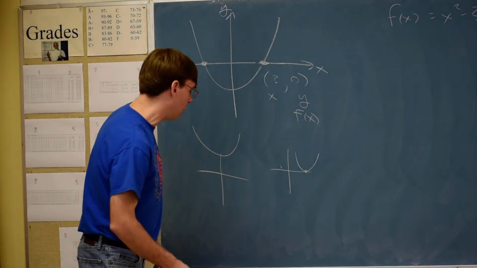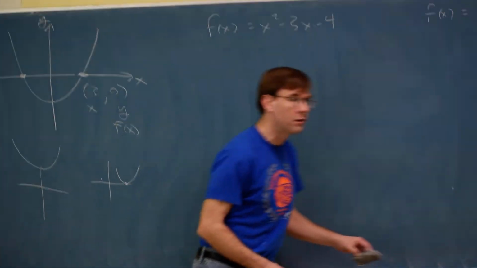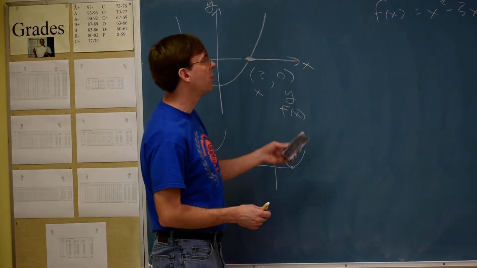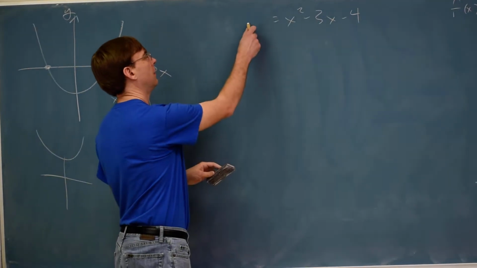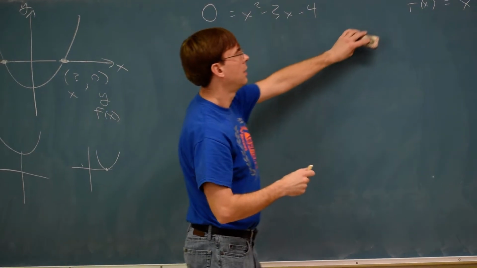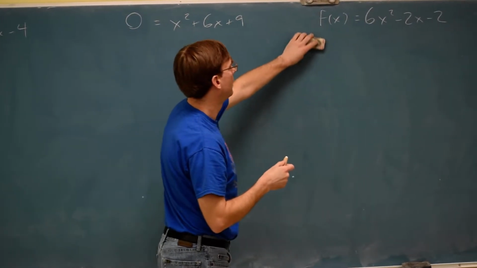So what we'll need to do on all the homework problems is grab either an eraser for my board or a mental eraser for your paper, and on your homework, where you see an f of x, put a 0. Every time you see an f of x, put a 0.